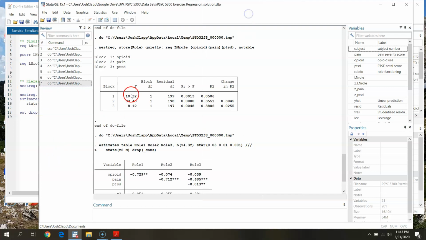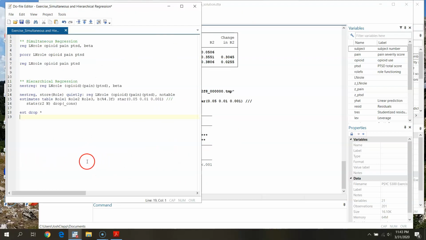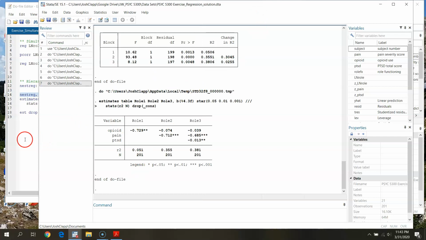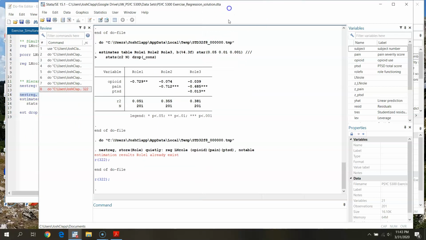The only other thing to note is that once you store things in memory, Stata will keep it there. If I were to try and run this model again after I've done it, you get an error. It says that it already has those results saved as role in there.